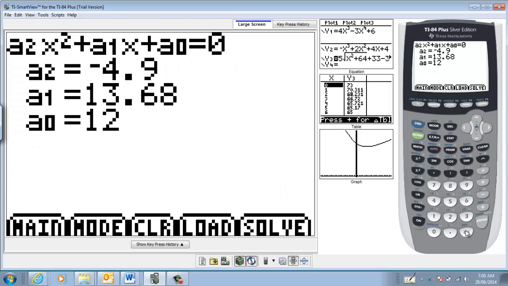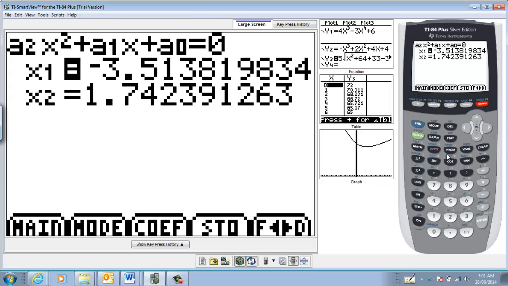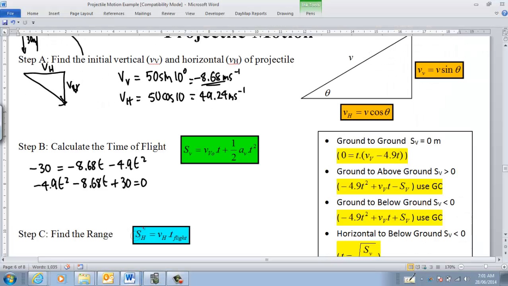This is going to be negative 8.68, which is unusual, but normally it's positive. And then that will be 30, because remember the negative 30 comes across to become positive 30. And all we have to do is press solve, and we get 1.74. So t is equal to 1.74 seconds, based on that information.